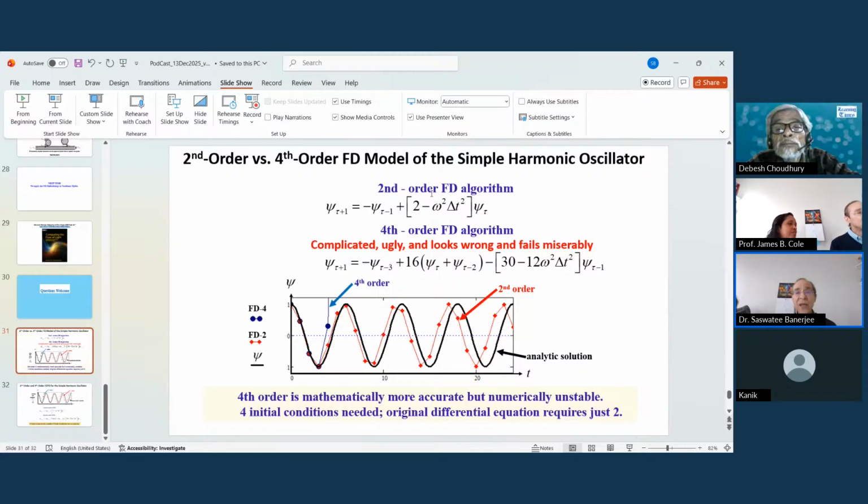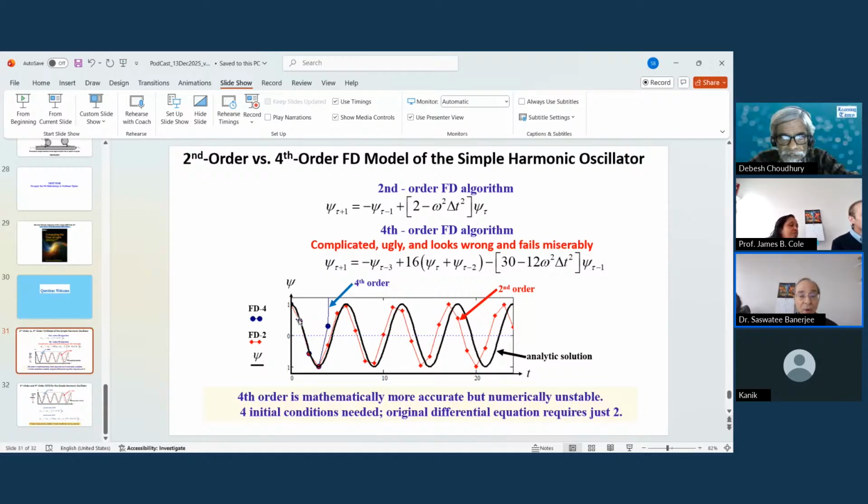Here's a standard second order finite difference time domain algorithm for the harmonic oscillator. Now here is a fourth order finite difference time domain algorithm. Mathematically, on paper, it's much more accurate. But here, look at this.